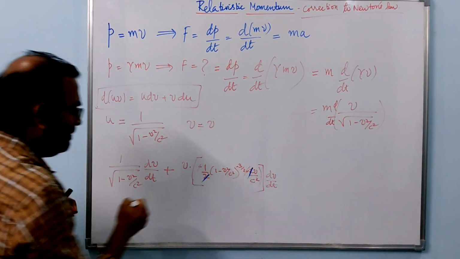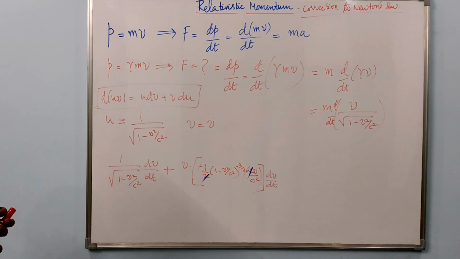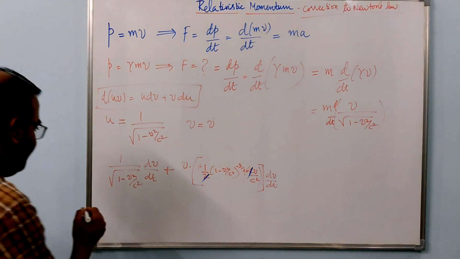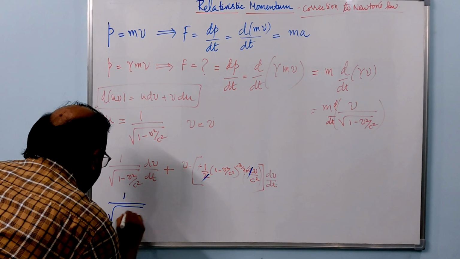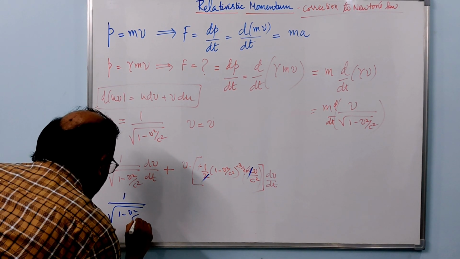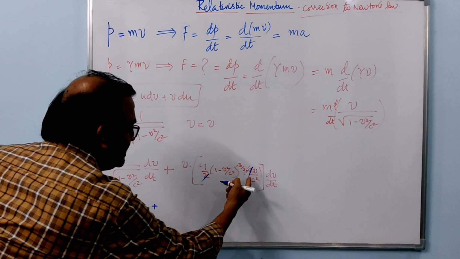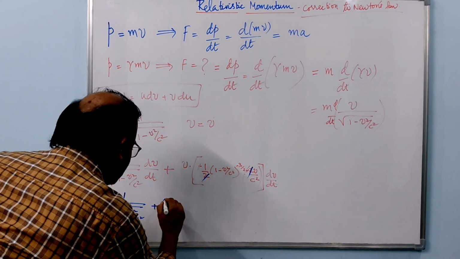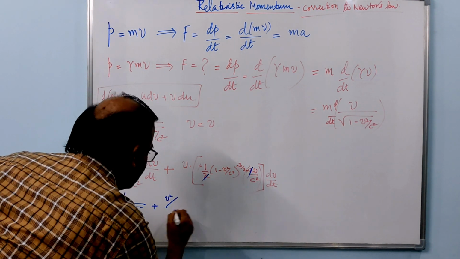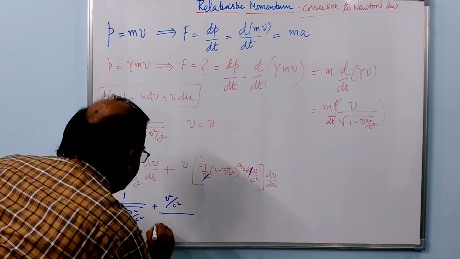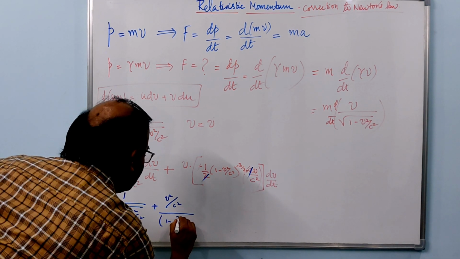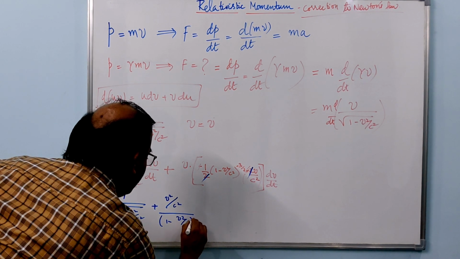That would cancel with this minus, and therefore we would have 1 over the square root of 1 minus v squared over c squared, plus the next term, v times v, which is v squared over c squared, over 1 minus v squared over c squared to the power 3 by 2.